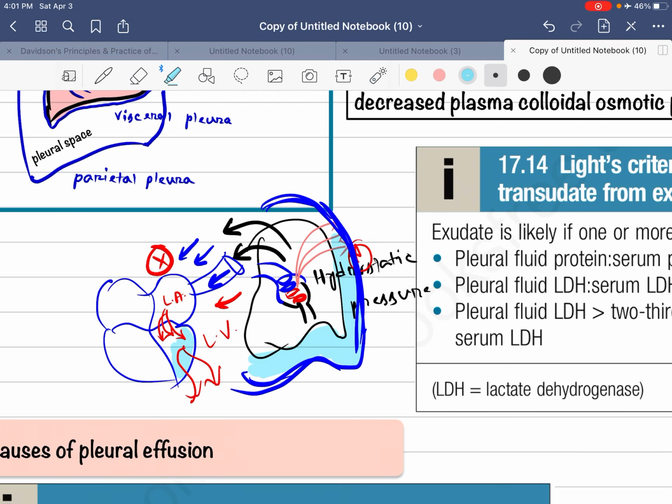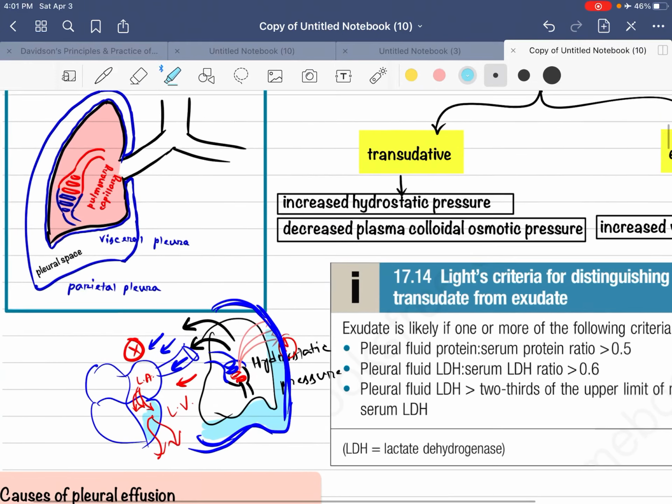Okay, so now know about the decreased plasma colloidal osmotic pressure. What are the conditions that lead to decreased plasma colloidal osmotic pressure? You know that the plasma protein maintains our plasma colloidal osmotic pressure. So if the plasma protein level decreases, such as due to liver cirrhosis or nephrotic syndrome, then in your body the plasma protein level will fall.